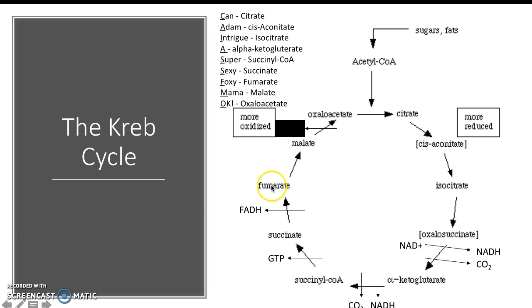So then fumarate will be reduced with fumarase to create malate, and nothing is produced during this step of the cycle. And then malate will be reduced into oxaloacetate with a malate dehydrogenase enzyme, and during this reduction it will produce another NADH molecule. And then the oxaloacetate will bind to another acetyl-CoA coming into the cycle, and the cycle will be repeated.